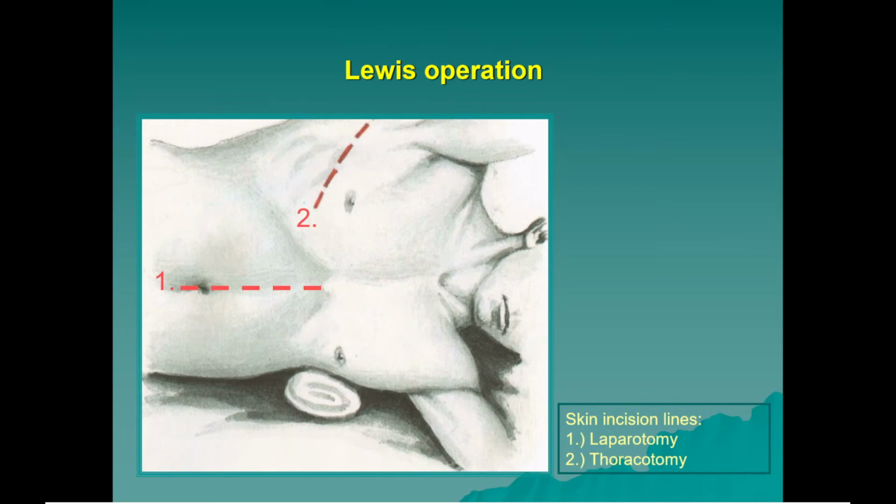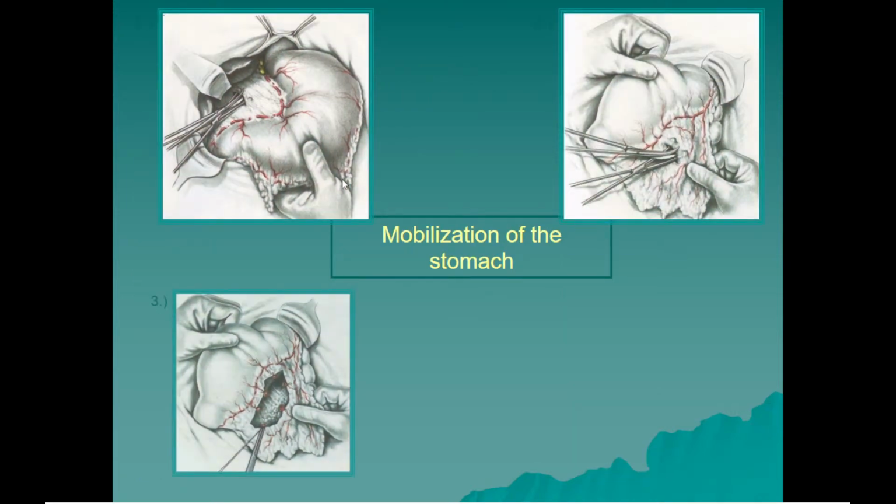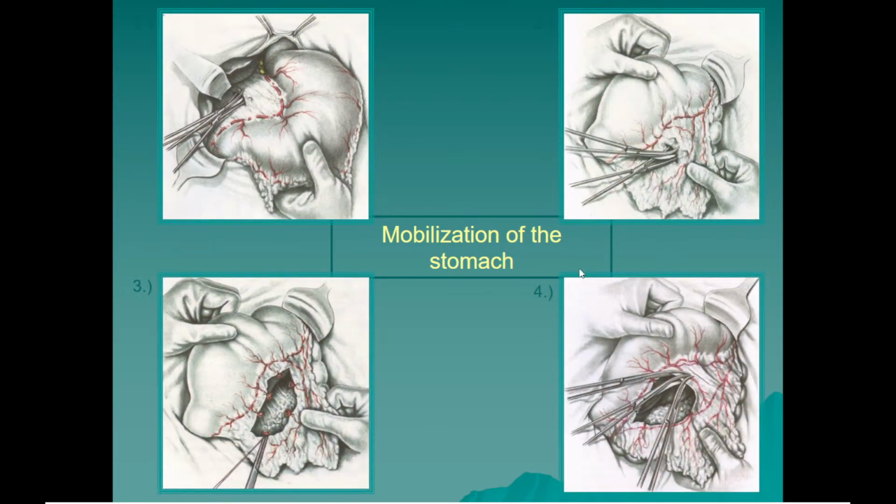Lewis operation in the middle part of the esophagus, localization middle part of the esophagus. 2 incisions, laparotomy and thoracotomy. Mobilization of the stomach from the laparotomy.